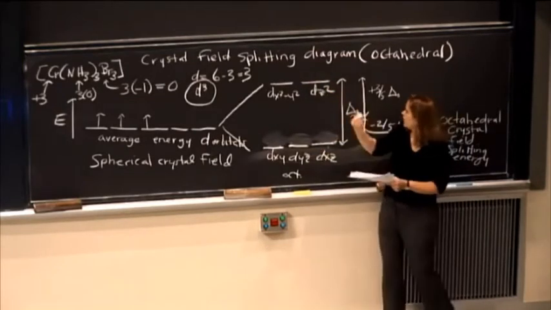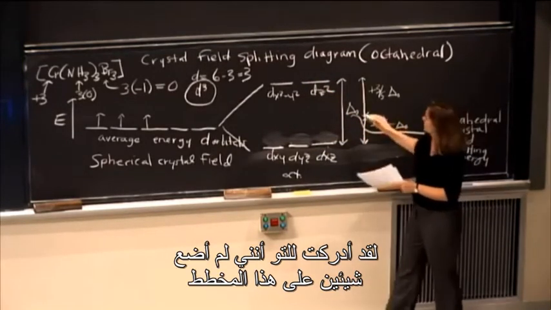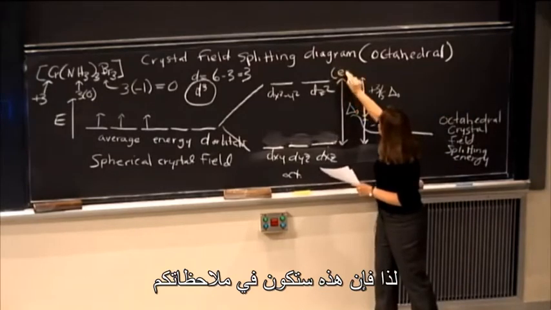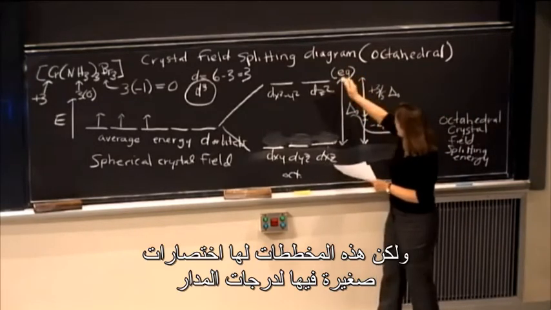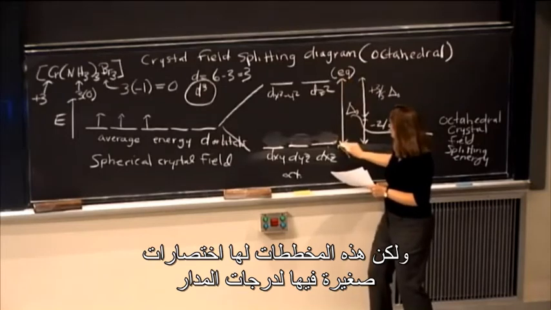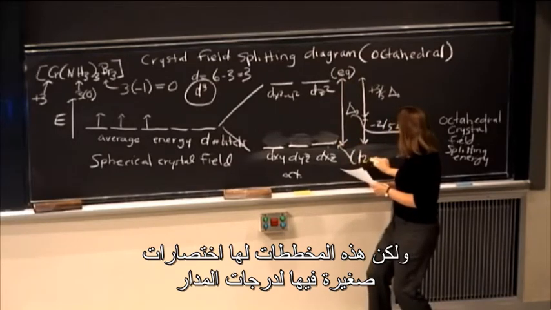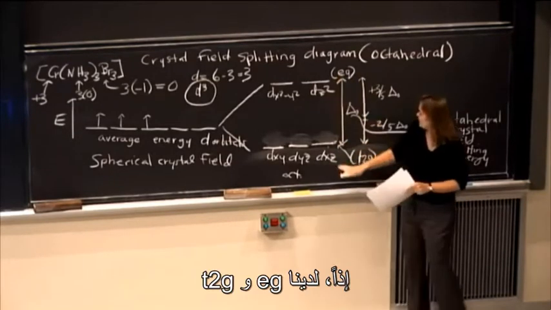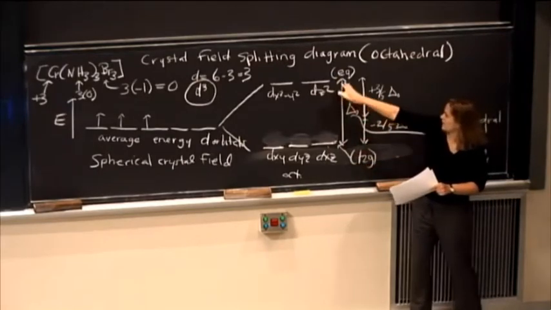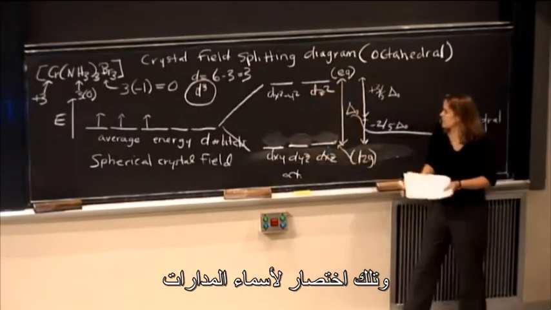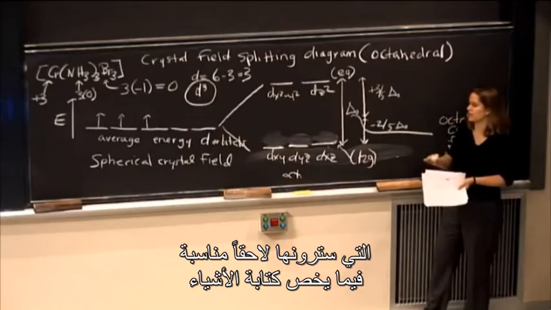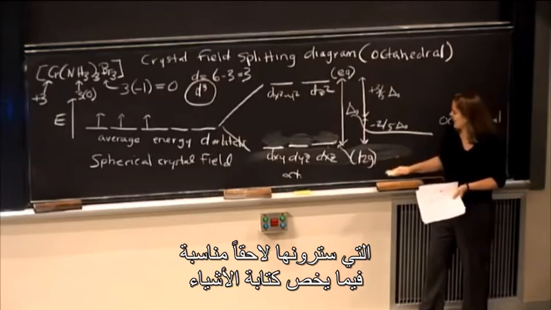Down. Oh, I just realized that I didn't put 2 things on this diagram. So these are in your notes. But these diagrams have little abbreviations in them for the orbital levels. So we have an EG and a T2G, and that's an abbreviation for the names of the sets of orbitals, which you'll see later is very convenient in terms of writing things out.